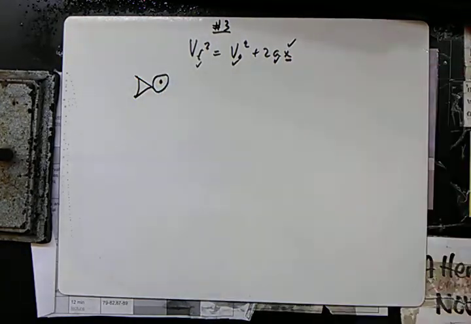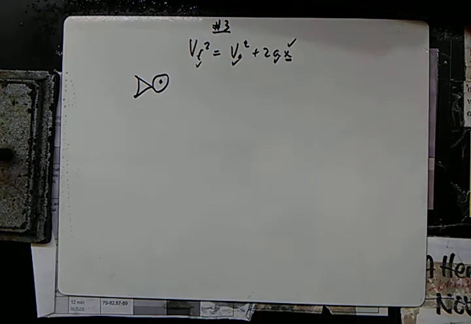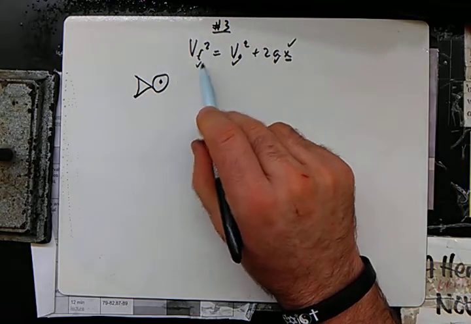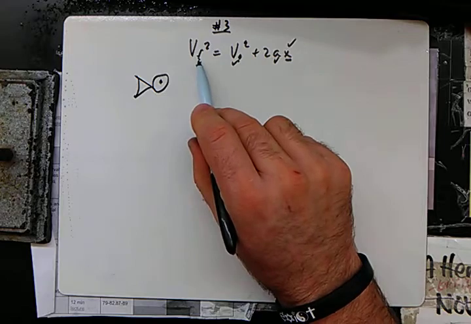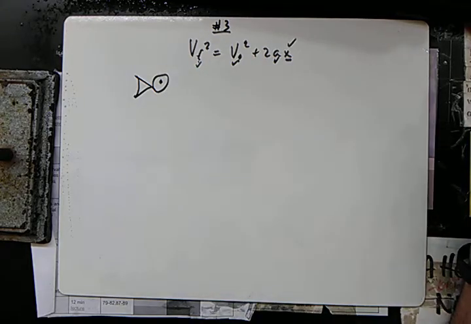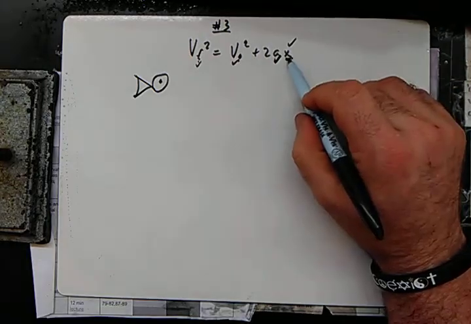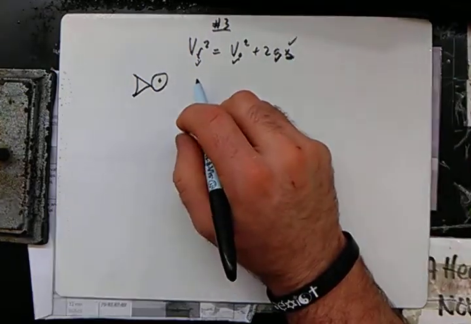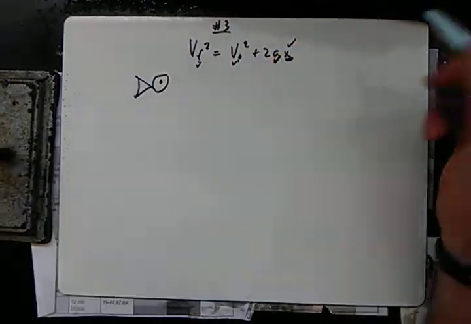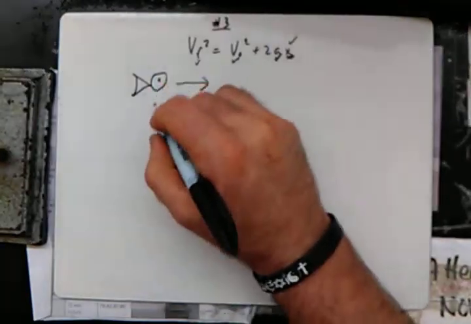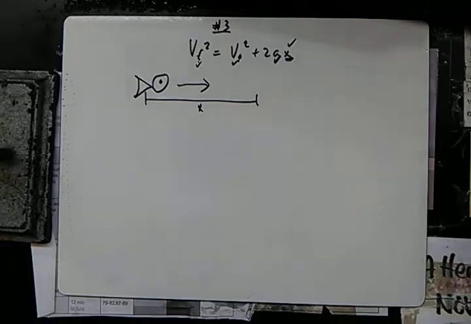Little fish friend starts out at some initial velocity, makes it to some final velocity. It accelerates. We don't know how far it goes. Okay, in that acceleration. So we're actually looking for x, how far it goes.